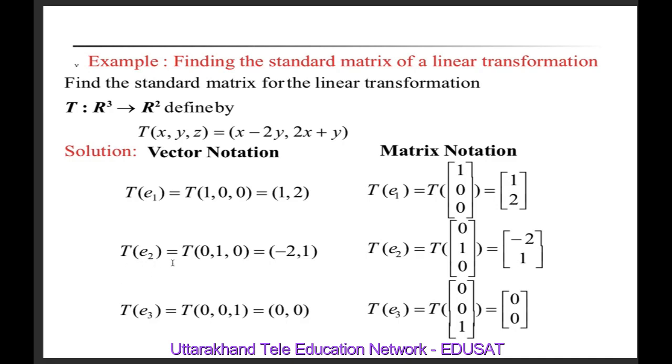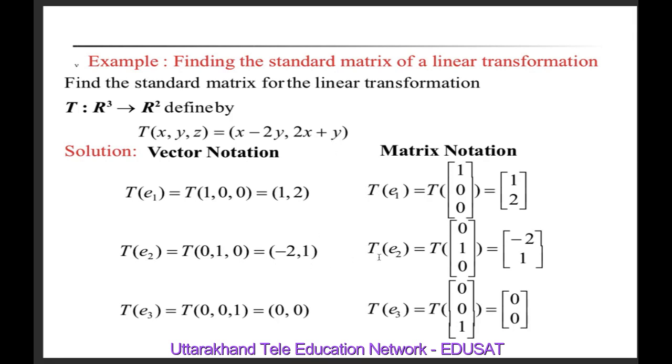Then T(e2), where e2 is (0, 1, 0). If we substitute x equal to 0, y equal to 1 and z equal to 0 in the given transformation, minus 2 into 1 is minus 2. Again here x equal to 0 and y equal to 1, so 2 into 0 plus y is 1.